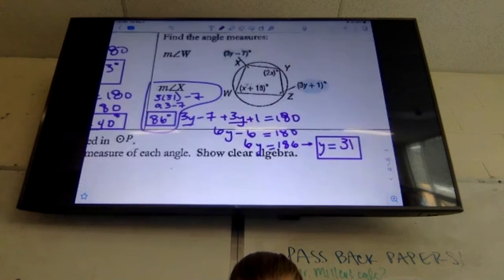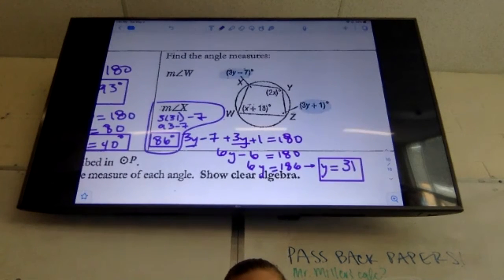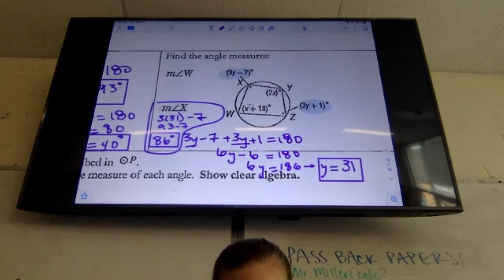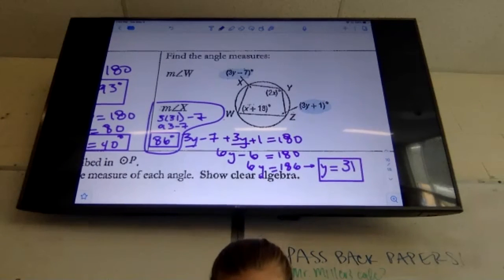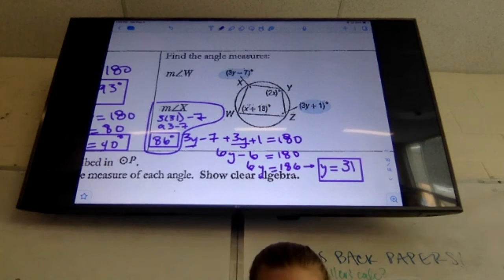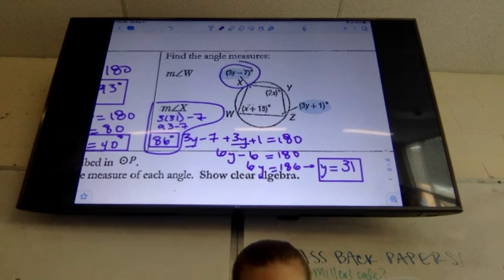180 minus 18. Say that one more time. I just didn't hear you. Can you say it again? So to find angle X is this angle right here.